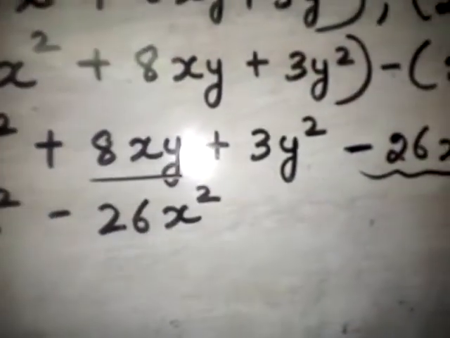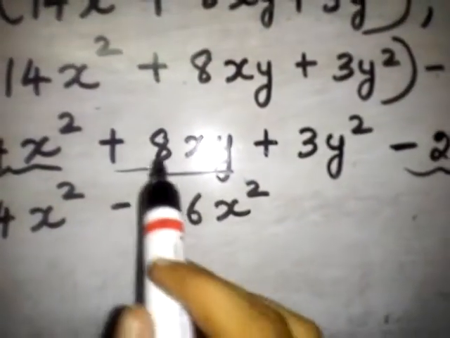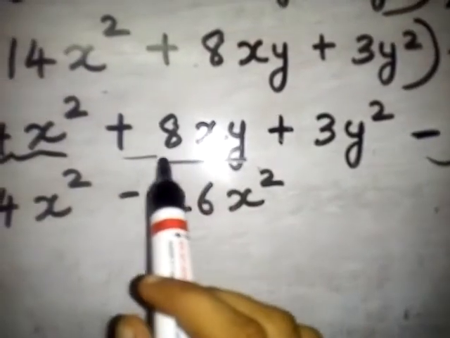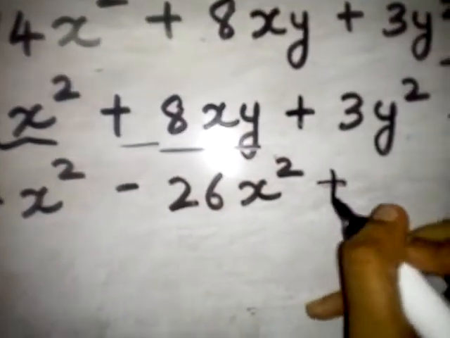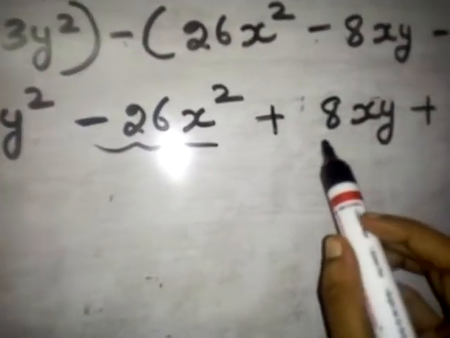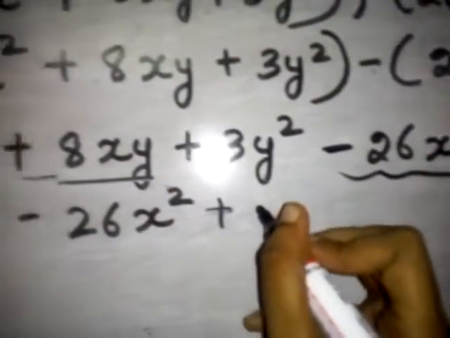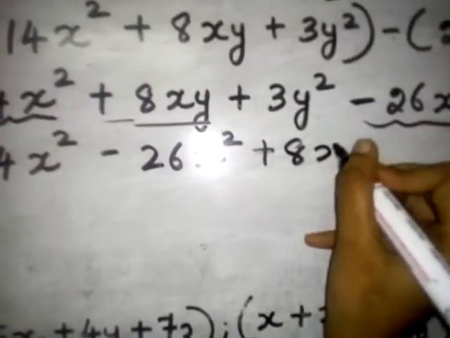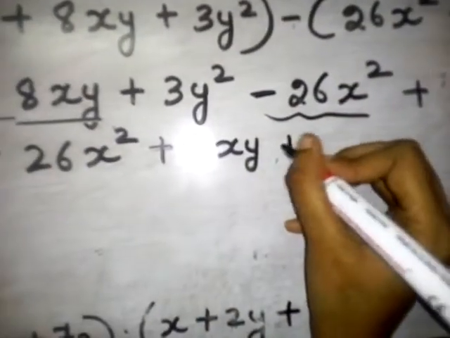Then which sign is there? Before you write like terms together, see, plus. Plus 8xy, the other number which is there, see. Here also plus 8xy.